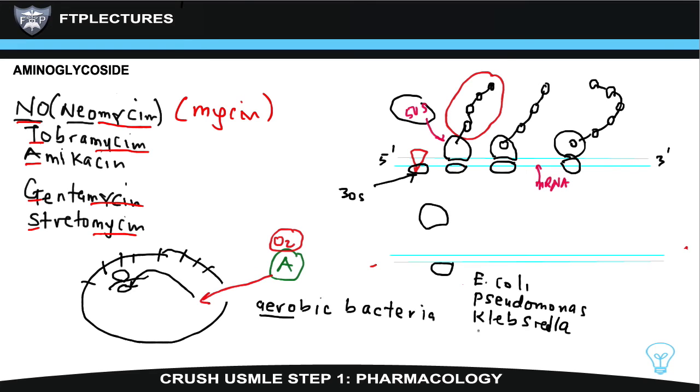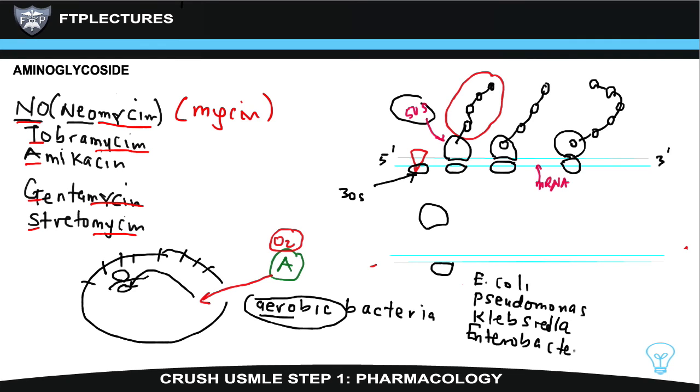These are gram-negative organisms, which means they are aerobic bacteria, which means since they're using oxygen, we can kill them with aminoglycosides. And the last but not the least is Enterobacter.